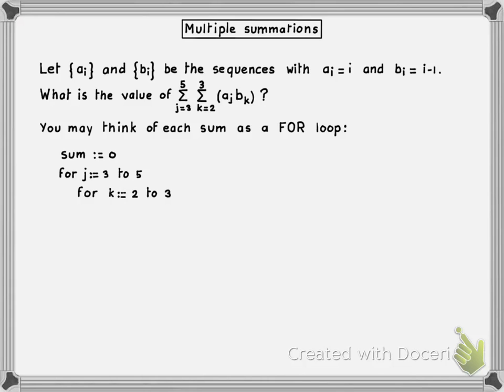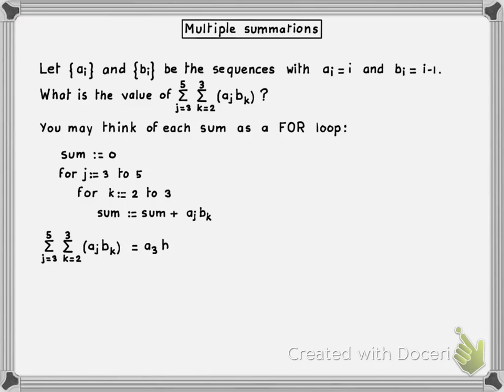And now for each value of j and k in the body of the inner loop, we just compute a sub j times b sub k, and we add that to the running total. So here is the algorithm, if you wish, you can think of going through while you're computing the value of this summation. So now we just have to do the math.